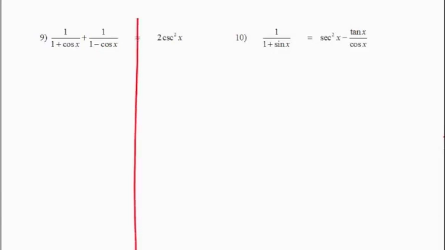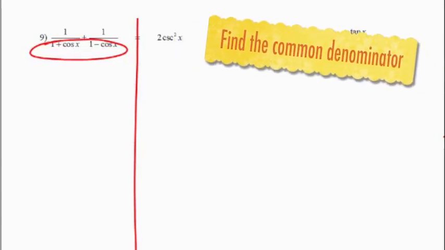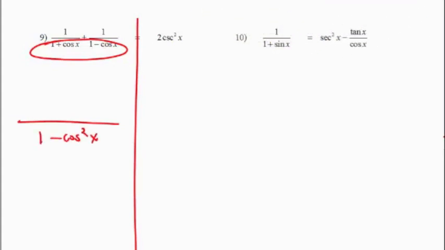So let's take a look at a question like number 9. We have 2 different denominators. Should instantly tell you, let's simplify and find the common denominator, which in this case is 1 subtract cos squared of x, which means what did we end up doing? Well, we ended up going 1 minus cos of x on that one, plus 1 plus cos of x on this one.